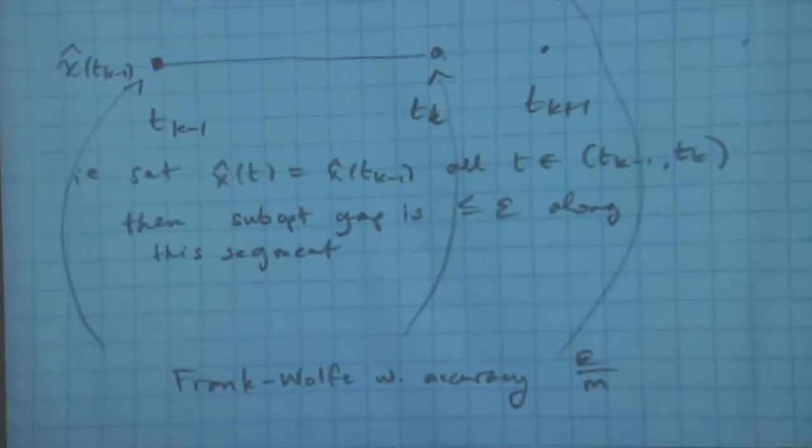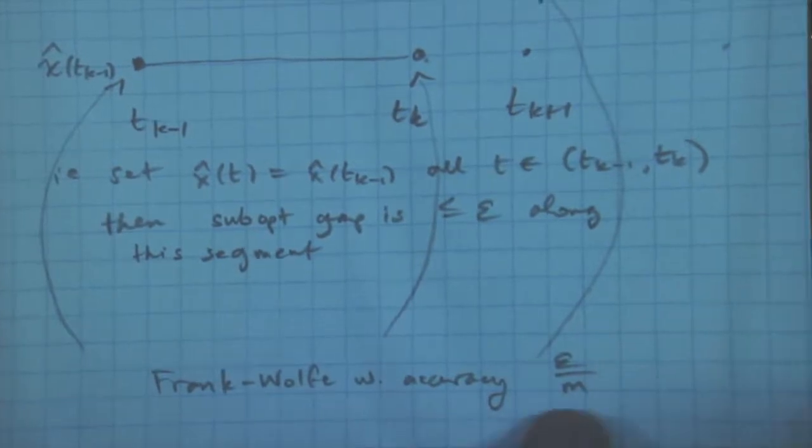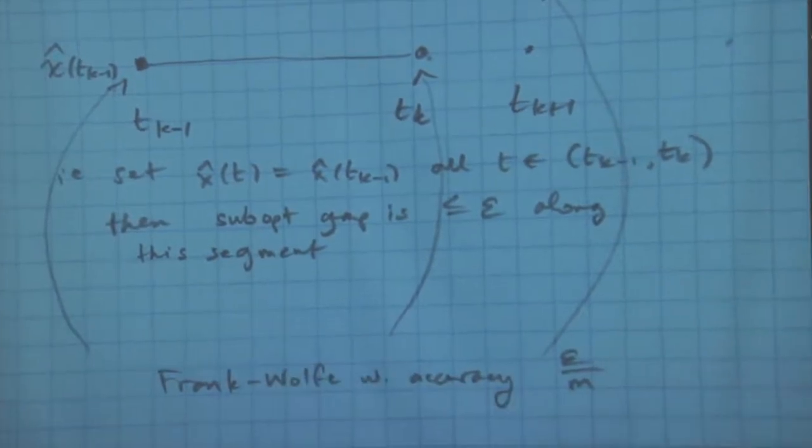So I'm going to terminate when I have actually a more than epsilon accurate solution at these points. Is the strategy clear? Maybe not the reason why it's true, but just the strategy itself.